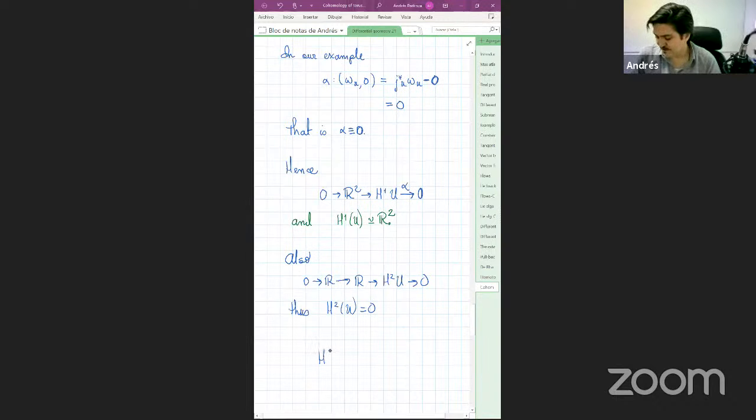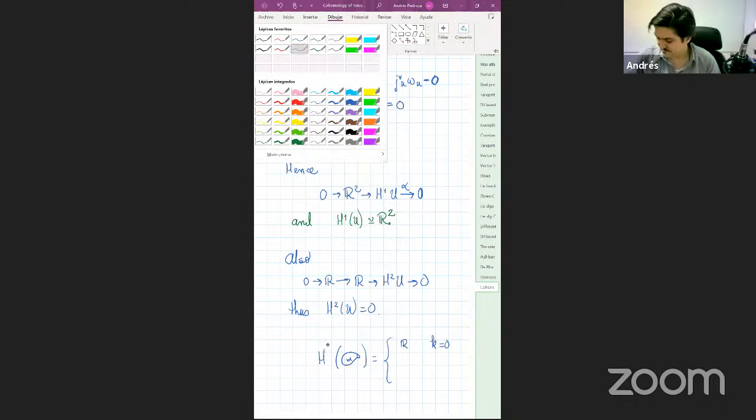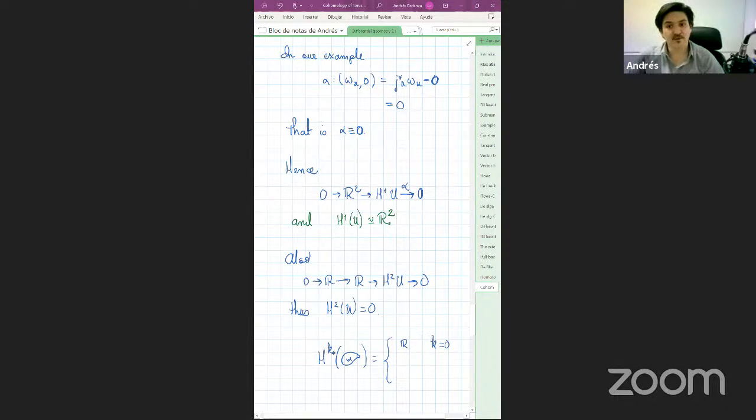Hence, the cohomology of the punctured torus is R in degree 0, right? Because it is connected. In degree 1, what we computed here is R2. In degree 2, we computed that to be 0.